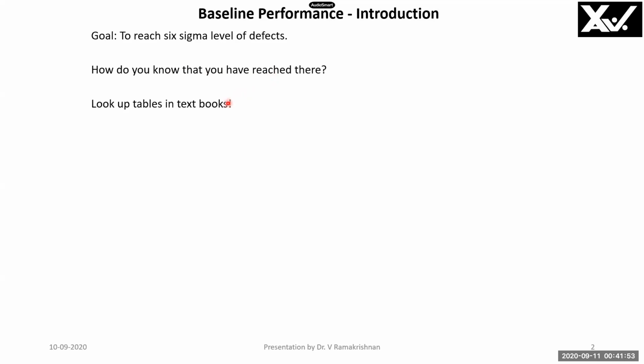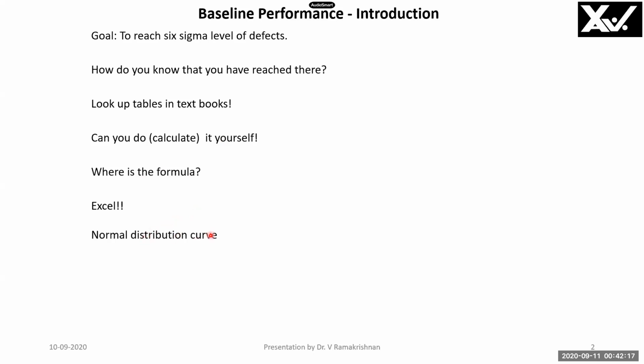All we need to do is find out the quantum of defects in the products, then substitute in the table and find out the Sigma level. These are given in the textbooks, but we can do this by ourselves using calculations also. What is a formula? It is available in Excel. We can substitute in the Excel itself and get the result instantly.